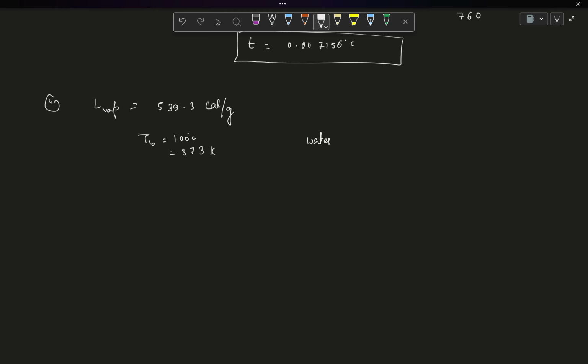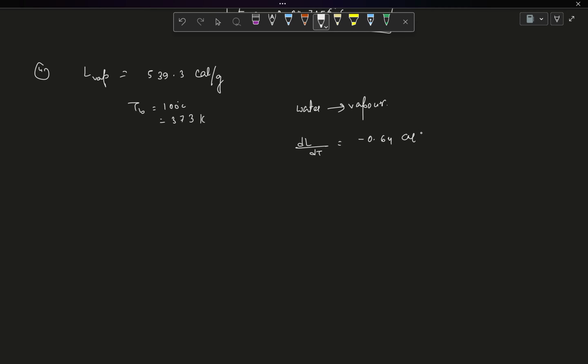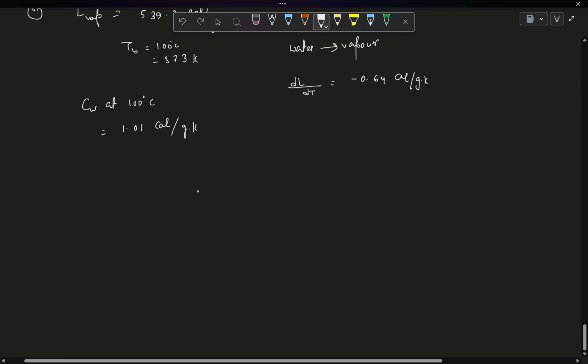So the phase change occurs between water and vapor, and this dL by dT is the rate of change in the latent heat for a unit change in temperature, which is given as 0.64 calorie per gram Kelvin. Then the specific heat of water at 100 degree centigrade is equal to 1.01 calorie per gram Kelvin, right?